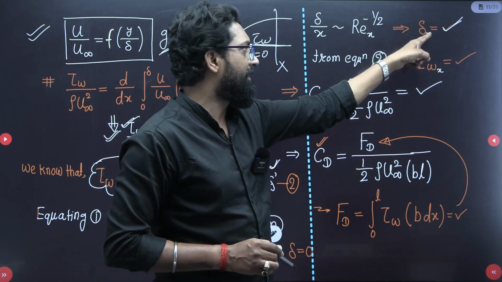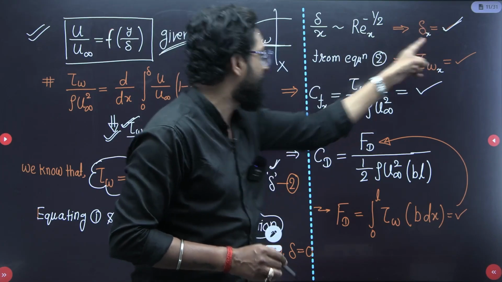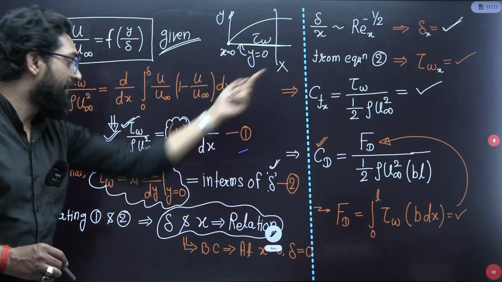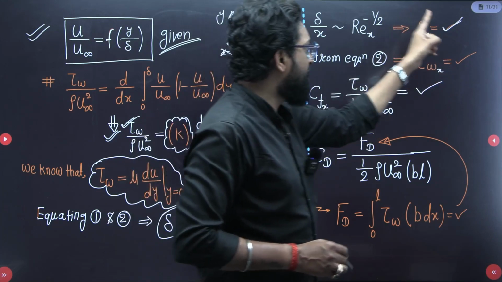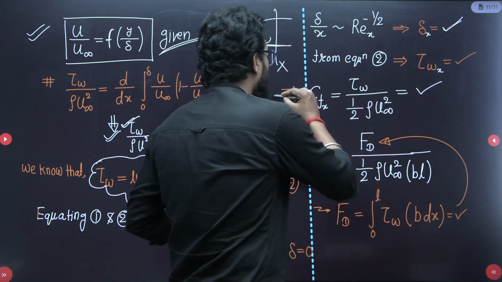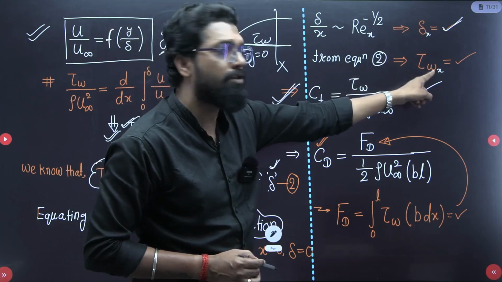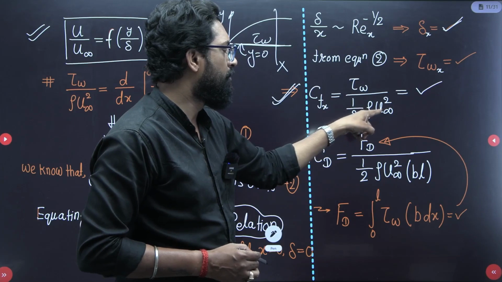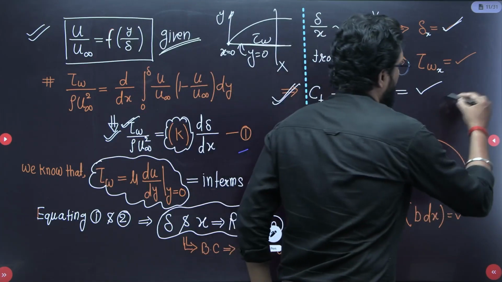So once you get the boundary layer thickness in the form of Reynolds number, put it into the second equation, which is in the form of delta. Put this delta back and find the wall shear stress. Once you have the boundary layer thickness and wall shear stress, you can easily find the local skin friction coefficient. What is that? Wall shear stress, which we just found, divided by dynamic pressure, half rho u infinity, the free stream velocity squared. We just found it in the form of Reynolds number.